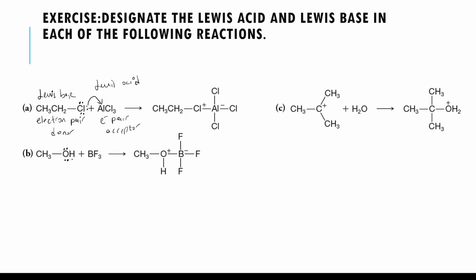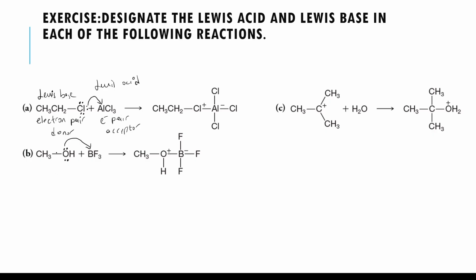So the sigma bond between oxygen and boron should be initiated from one of the lone pair electrons of oxygen. So this is the reaction mechanism. Basically, we are drawing a curved arrow. The curved arrow starts from the lone pair and it ends on the boron, and we are connecting oxygen and boron.